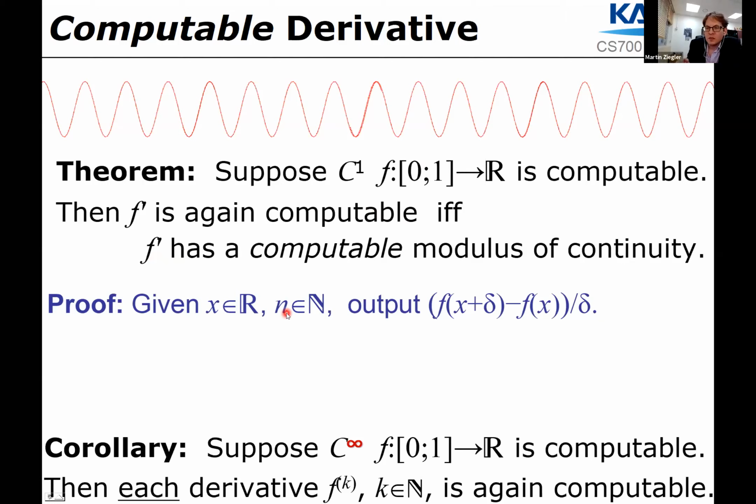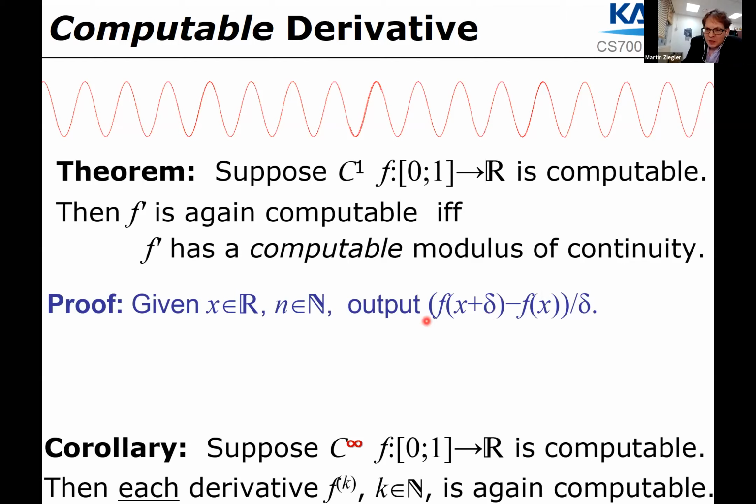And here's the algorithm: output this expression. Well, to be fair, this is not a rational approximation, not a dyadic approximation, but as you recall, if we can produce an approximation in any rational number, dyadic rational number, or whatever, up to error 2 to the minus n minus 1, then it's easy to truncate and round that to the next dyadic rational, and that is sufficient.